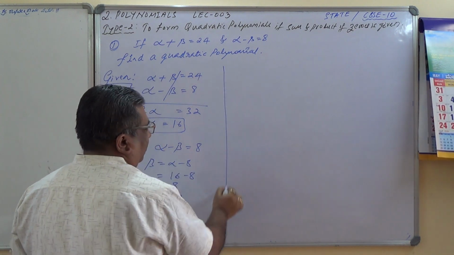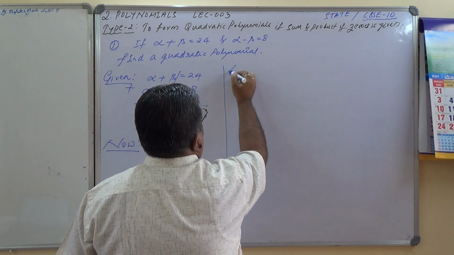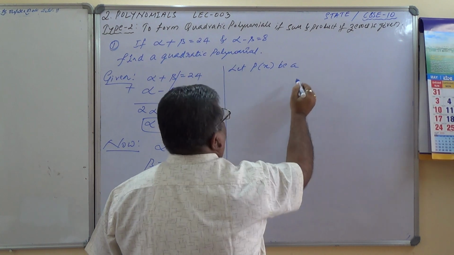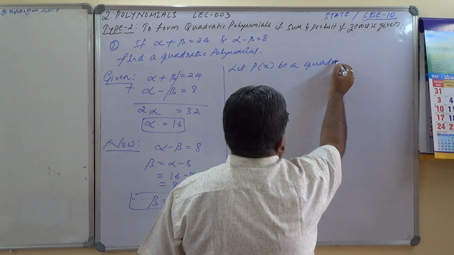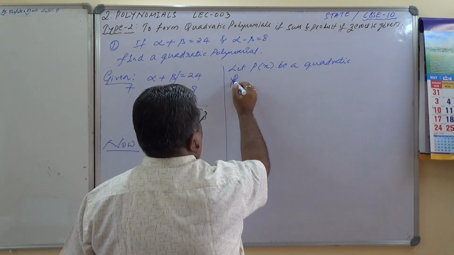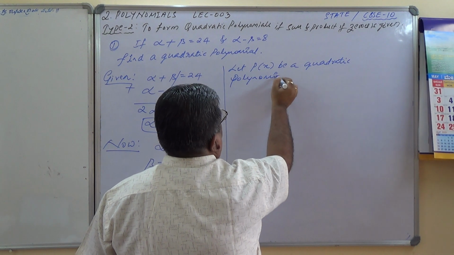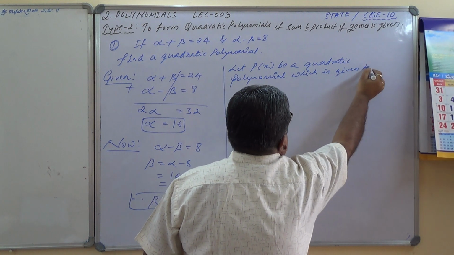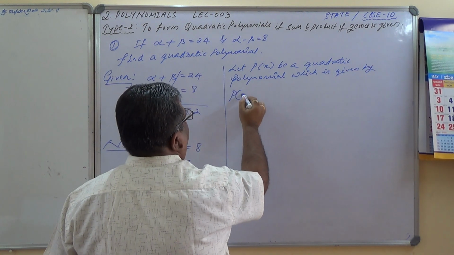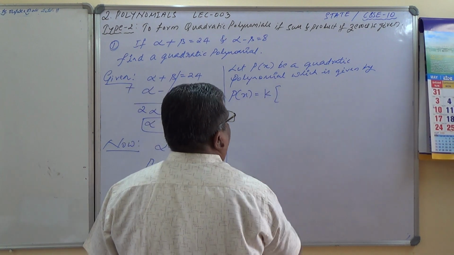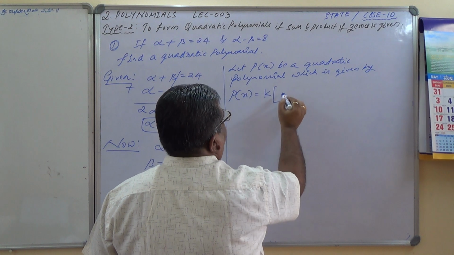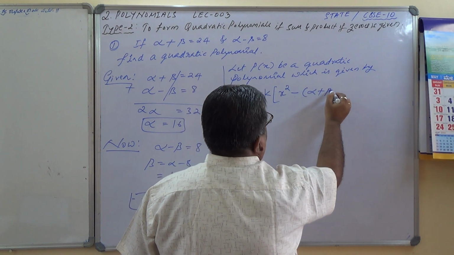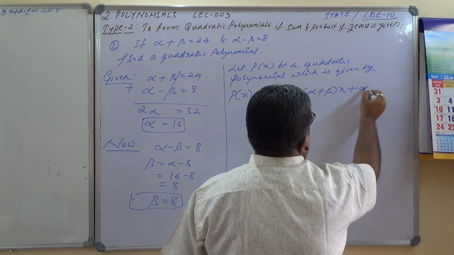So how do you form the quadratic polynomial? Let p of x be a quadratic polynomial, which is given by p of x equals k times, k is a non-zero constant, you have to consider all the time, x square minus alpha plus beta times x plus alpha into beta.